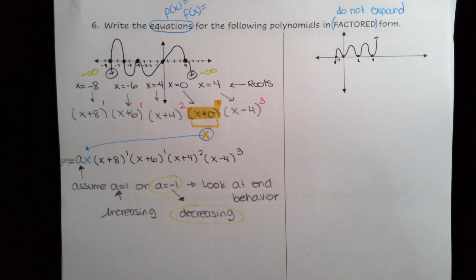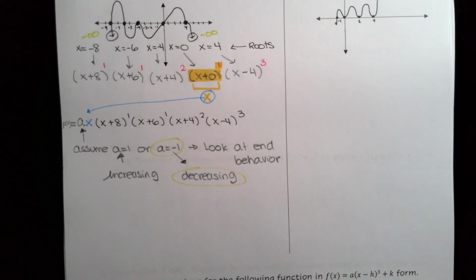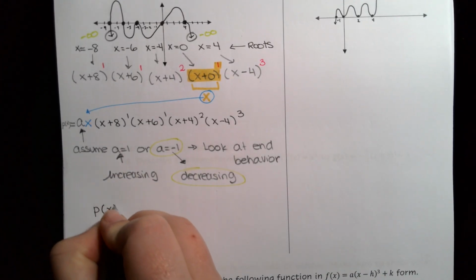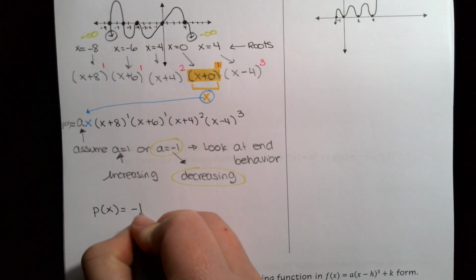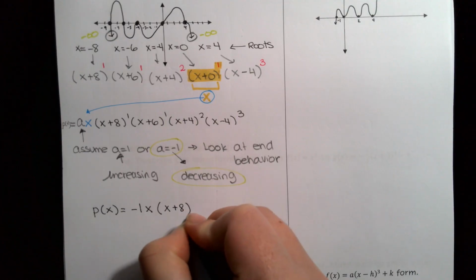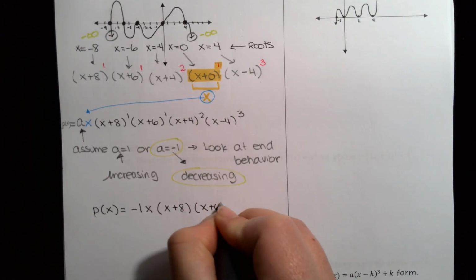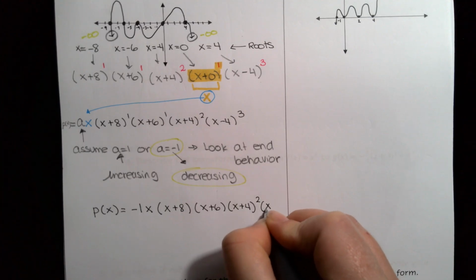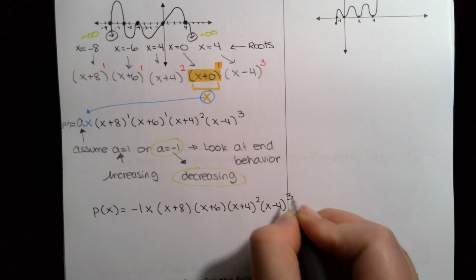So that means a needs to be -1. So for our actual answer, let's use p of x is equal to -1 times x times (x plus 8), (x plus 6), (x plus 4) squared, and (x minus 4) cubed.